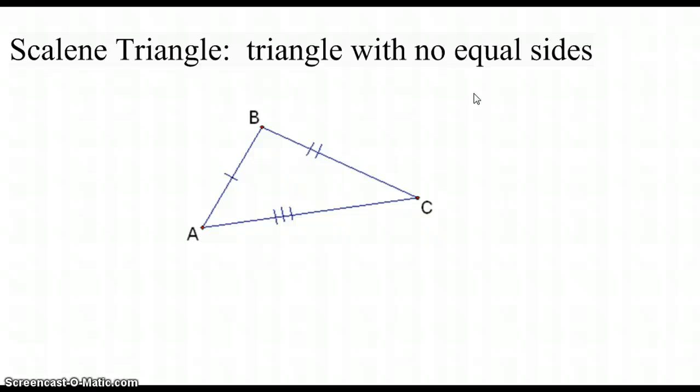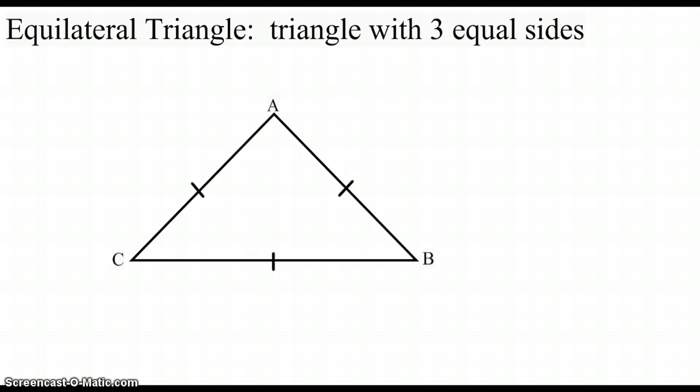Sides and angles correlate. So if all the sides of this triangle are different, then all the angles must be different. So if we go back to equilateral real quick, if all these sides are congruent, then each of these angles, A, B, and C, are also congruent.